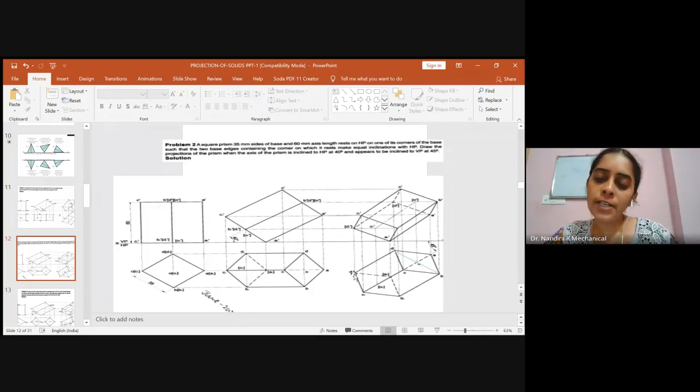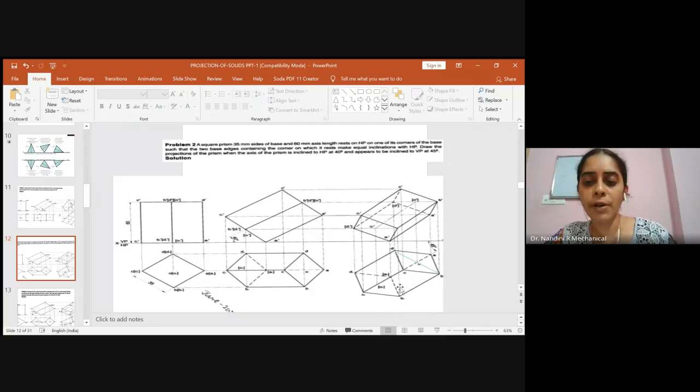First, always project the bottom surface of the square prism. The locus of D1 is meeting D1 dash at this point, so name this as D1 dash. Then the locus of C1 is meeting C1 dash at this point, so name it as C1 dash. The locus of A1 is meeting A1 dash at this point, so this will be our A1 dash.